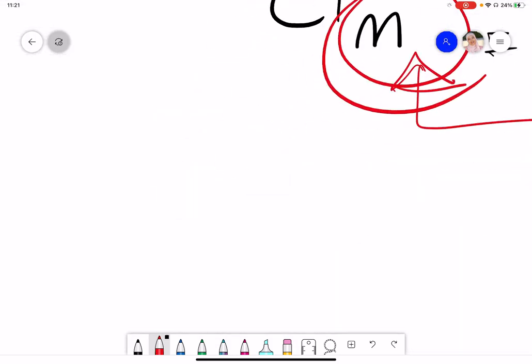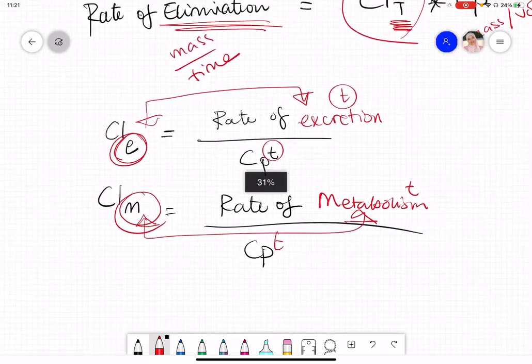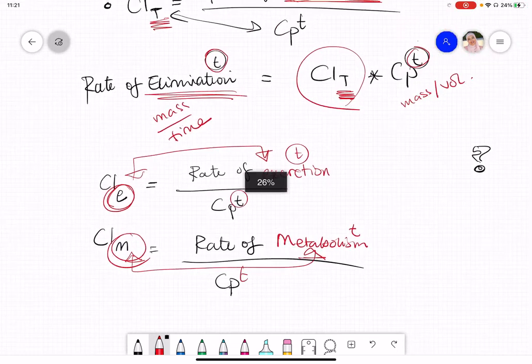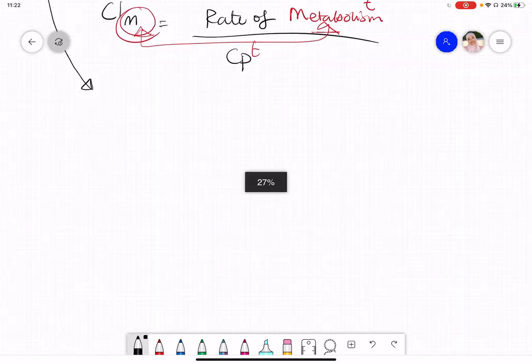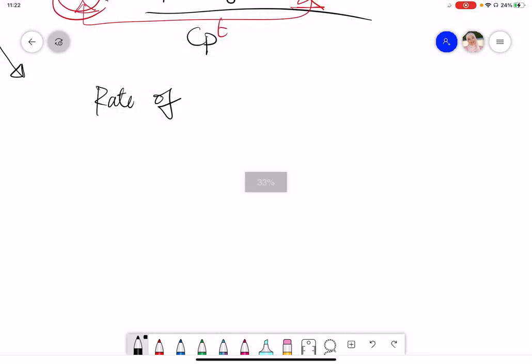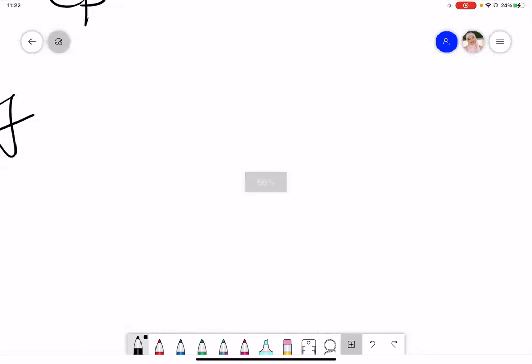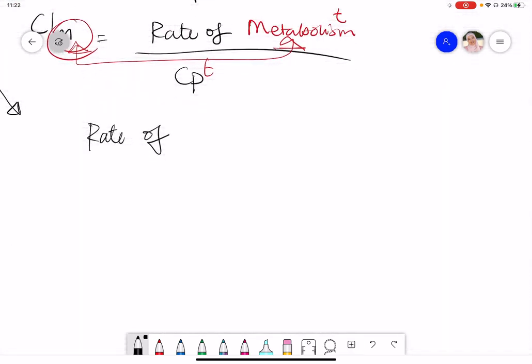Okay, so according to this equation, if I want to sketch, let's take this equation, which is rate of elimination. Oops, why is this happening?